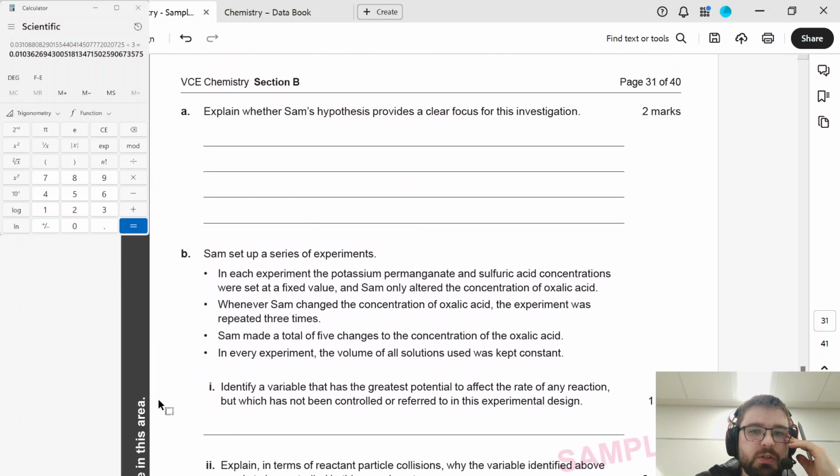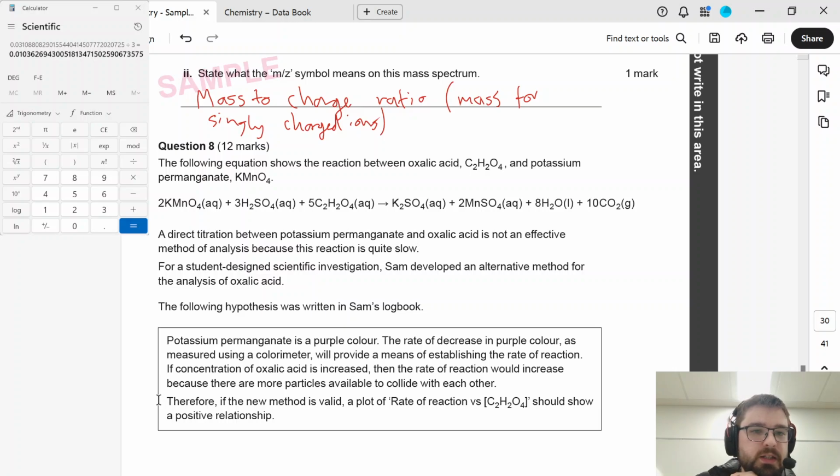The following equation shows the reaction between oxalic acid and potassium permanganate, KMnO4. Direct titration between potassium permanganate and oxalic acid is not an effective method of analysis because this reaction is quite slow. Sam developed an alternative method for the analysis of oxalic acid. Here's his hypothesis. Potassium permanganate is purple, using a colorimeter.